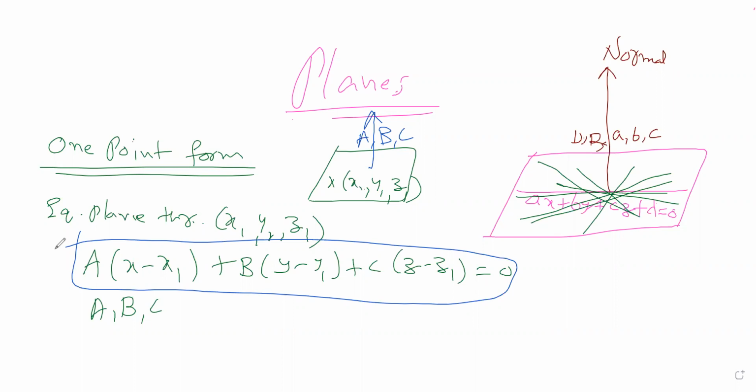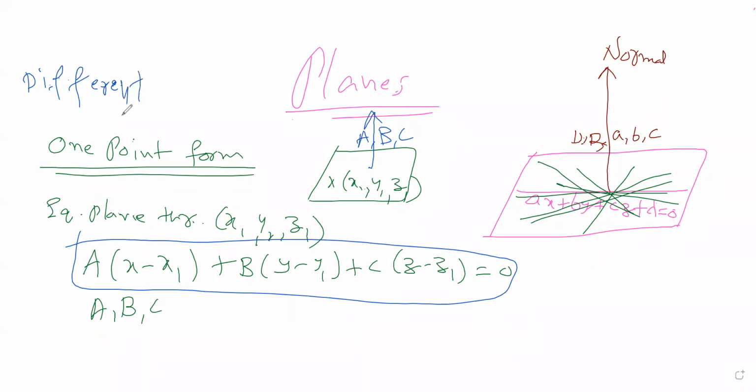Now we are going to take the intercept form. There are different forms to represent a plane. The standard form of the plane is a first degree equation: ax plus by plus cz plus d equals 0. Now we are taking different forms for the plane.